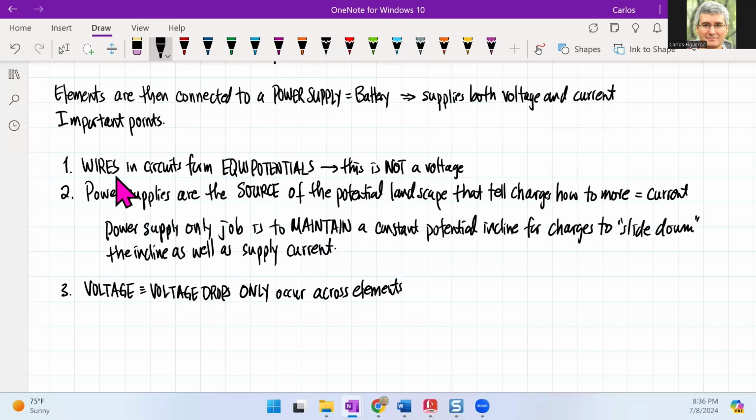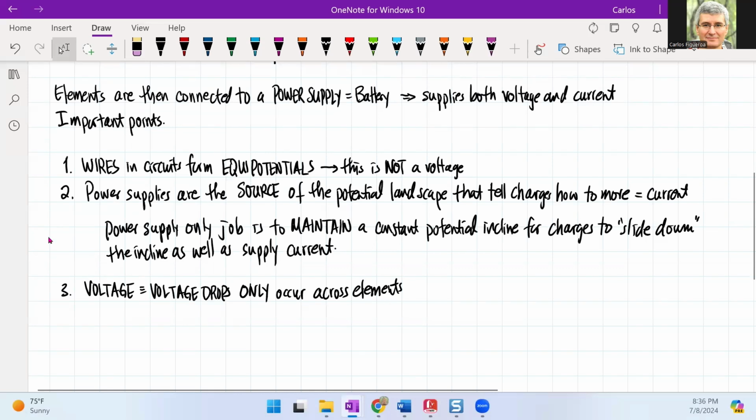So remember, when we say voltage, we mean a height change. Okay, so note that I differentiated between wires, which are equipotentials, they have no voltage. And then we talked about voltage, which is a height change.